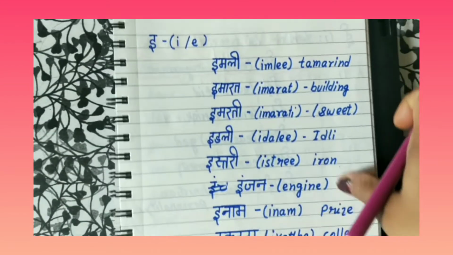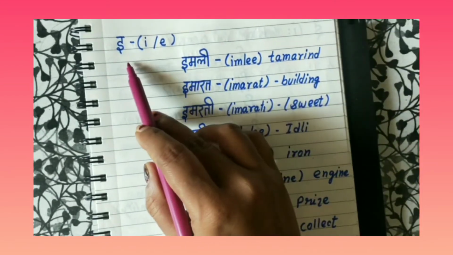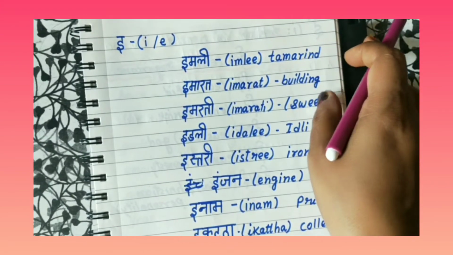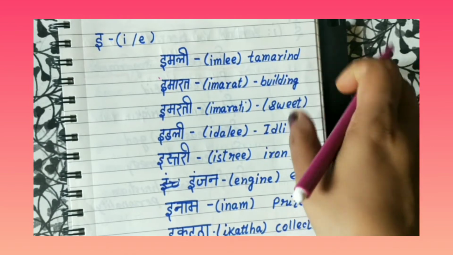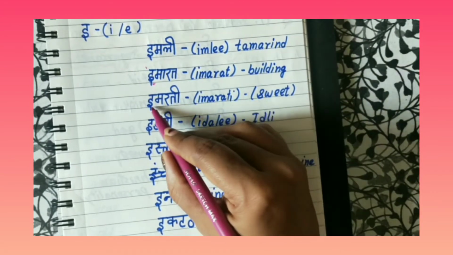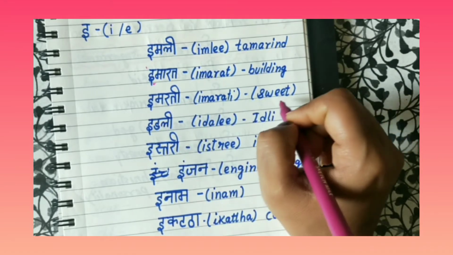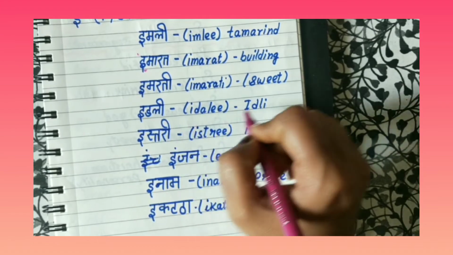The next one is i. In Hindi, we also call it choti i. Here we are not supposed to stress too much. So imli means tamarind. Imarat means building. Imarti means a kind of sweet. Idli.